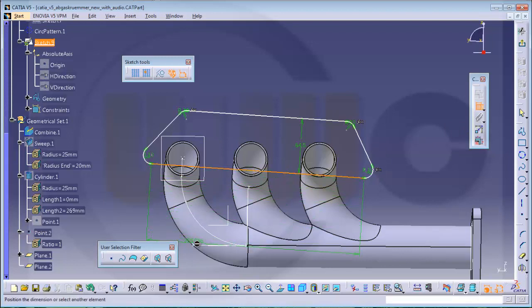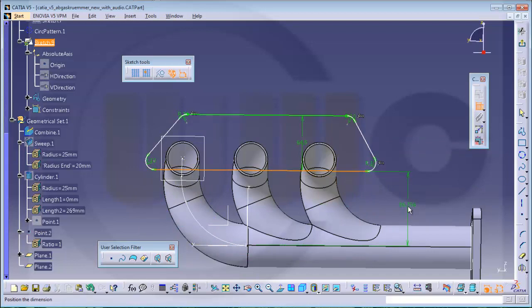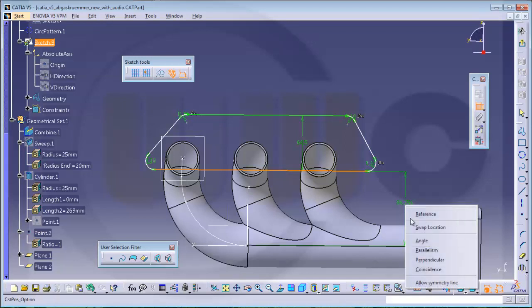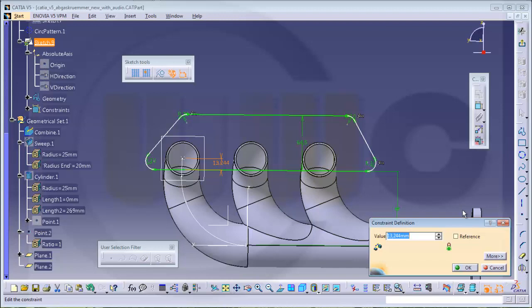And the distance right here should be, just make it parallel and make the distance between this point and that line, and this should be 64.5 divided by 2.